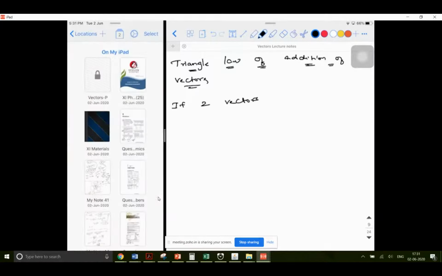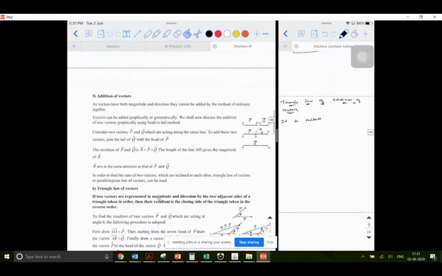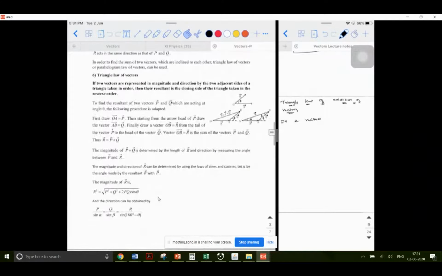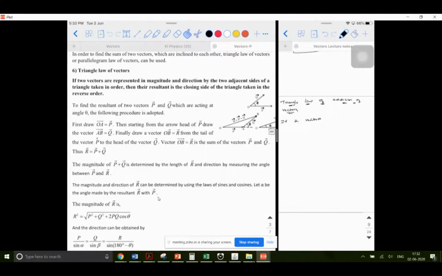I'll show you the statement, make a note of it. Triangle law of vectors. Write down the statement in bold.